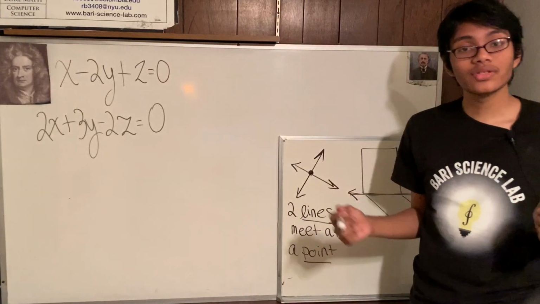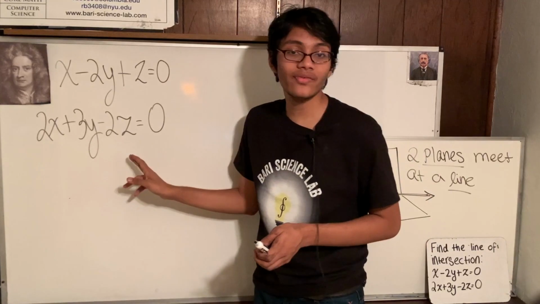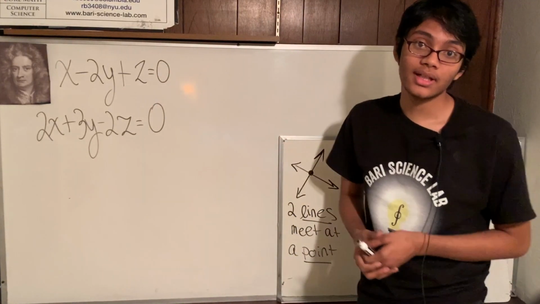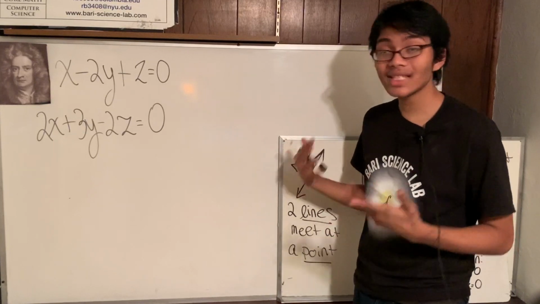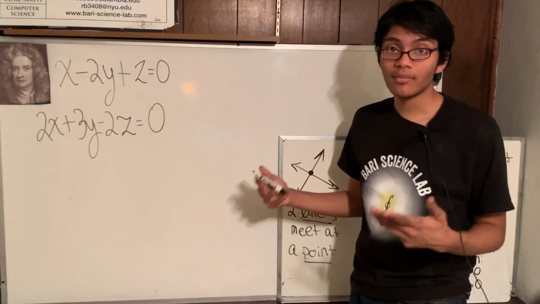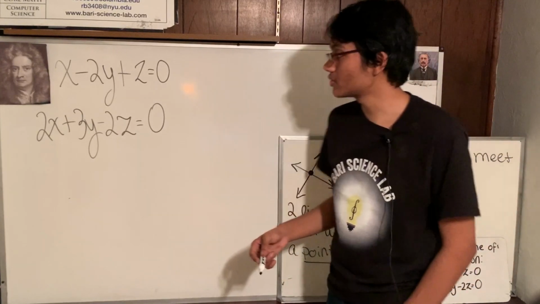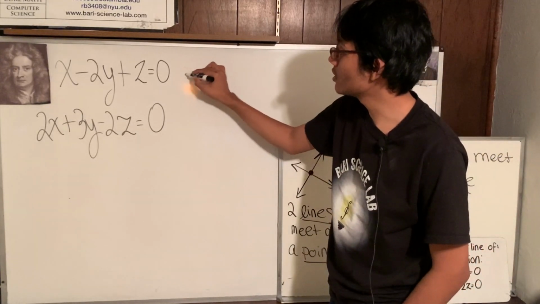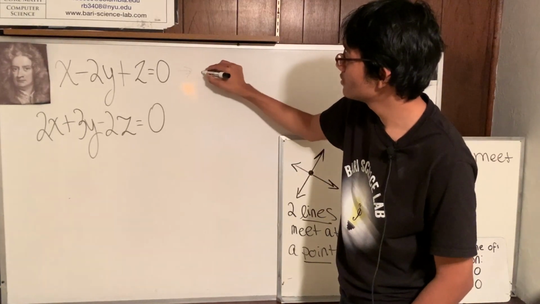Now the line of intersection between these two planes must satisfy x, y, and z values that are true for both planes, right? So just like regular two-dimensional lines, what we can do is just isolate two variables. So what we can do is multiply this first equation by negative 2.